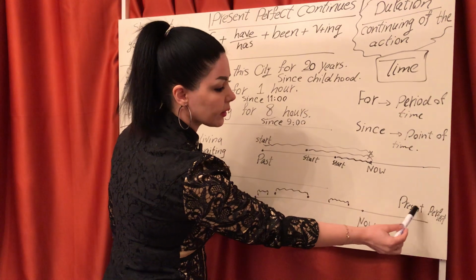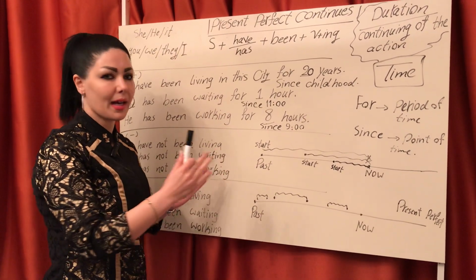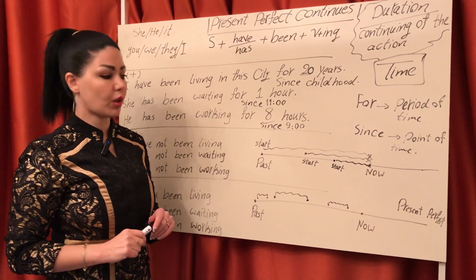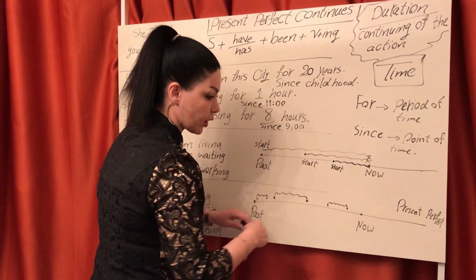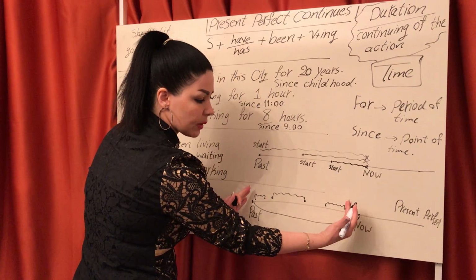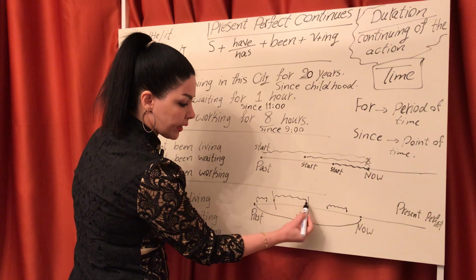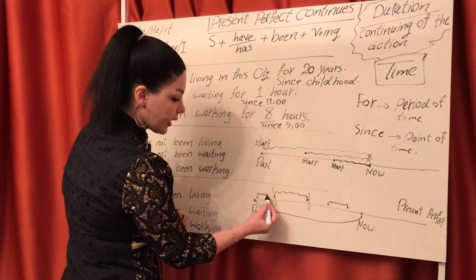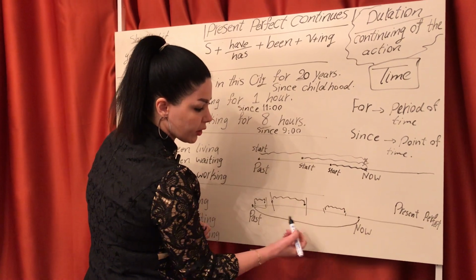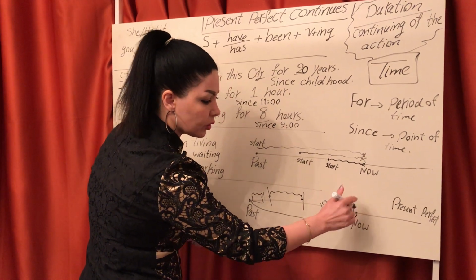But for present perfect, some action happened in the past, but we don't know when. Time is not important for us. In this period of time, from past until now, we don't know, maybe here start and finish, maybe here start, here finish, maybe here start and just now finish, not continue, not now.